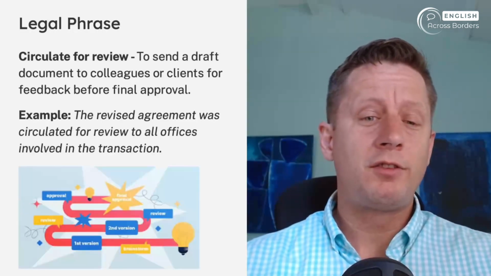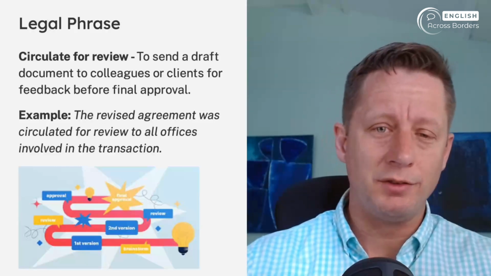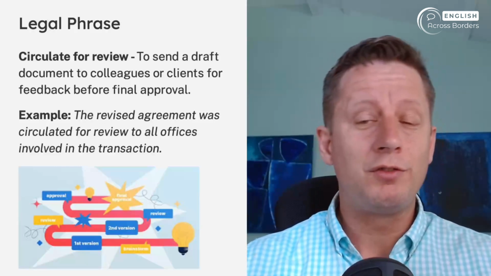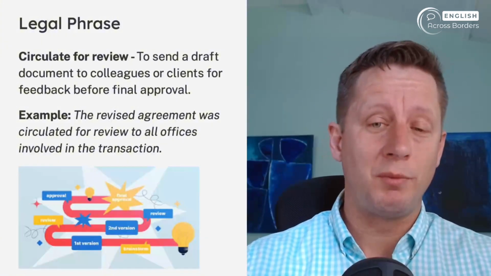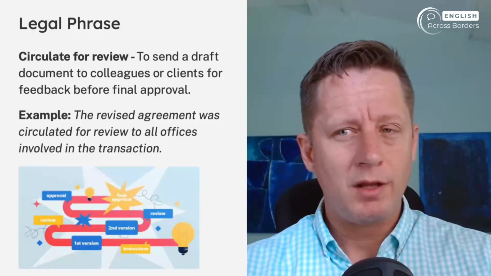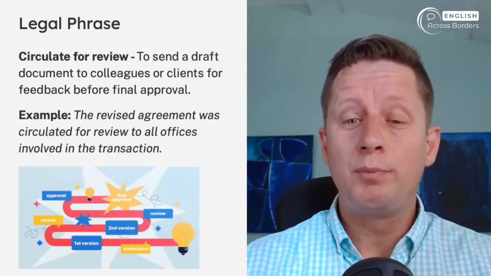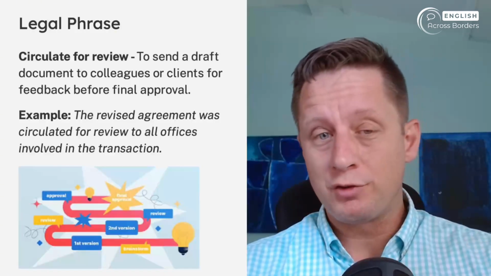The phrase "circulate for review" is used constantly in international legal teams. It refers to sending a draft, such as a contract, memo, or due diligence report, to others for comments before finalization. For example, in a cross-border merger, the Mexico City office may prepare the first draft.